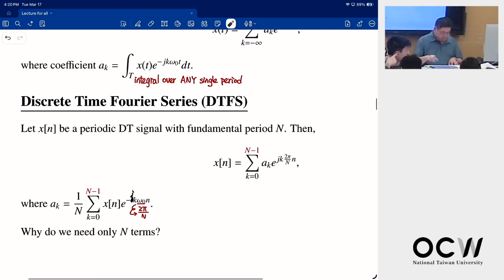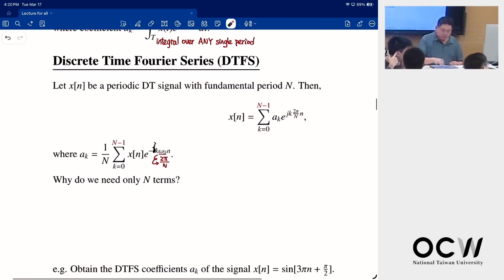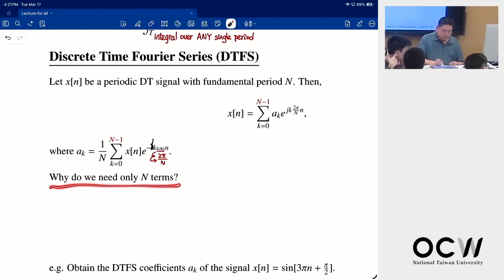Okay, and this time, why do we only need N terms? Well, you can think about this question during the break. So why do you need only N terms?